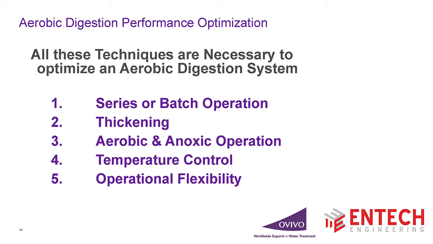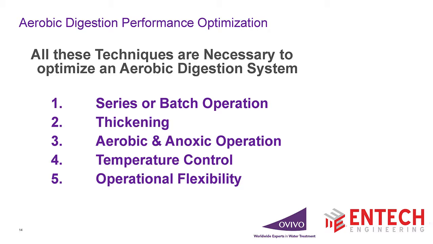So the things that we can look to do are the things that we control. Series or batch operation is about how we get efficiency through the system. Thickening is about how we can control temperature and manage the volume that we need.